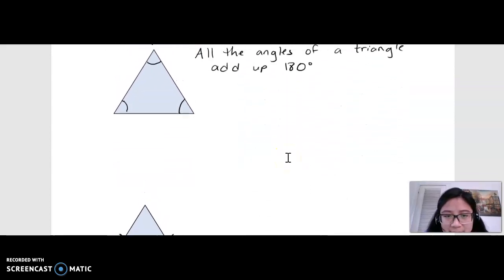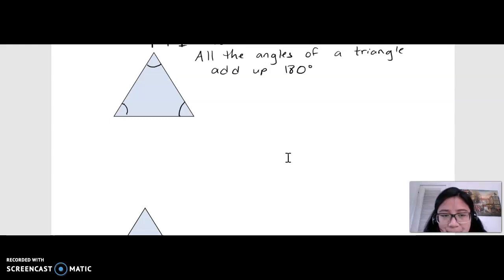Now, let's say, for example, we know that these angles are equal and all the angles of the triangle add up to 180, but they want us to find the measure of one of the angles. Keep in mind, this applies to all equilateral triangles. Since I know one side is x, I could tell that all the other sides are x.